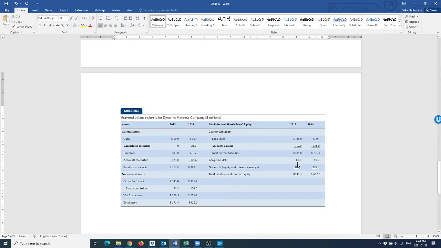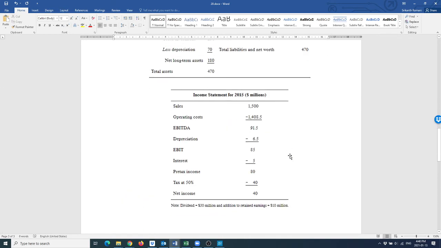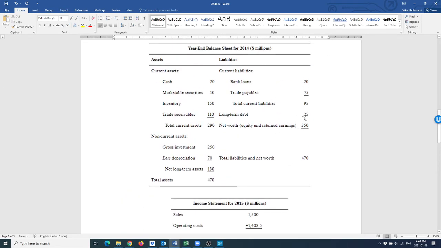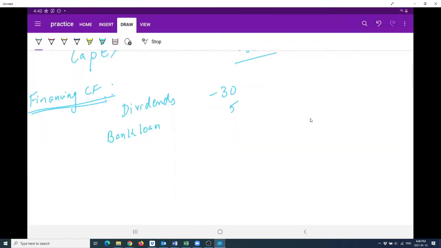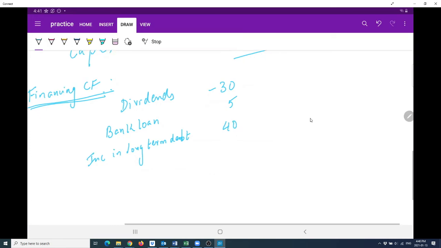And long-term debt is $60 here, and long-term debt was $25. So 25 to 65, an increase in debt of $40. You borrowed that money, so that's a cash inflow.